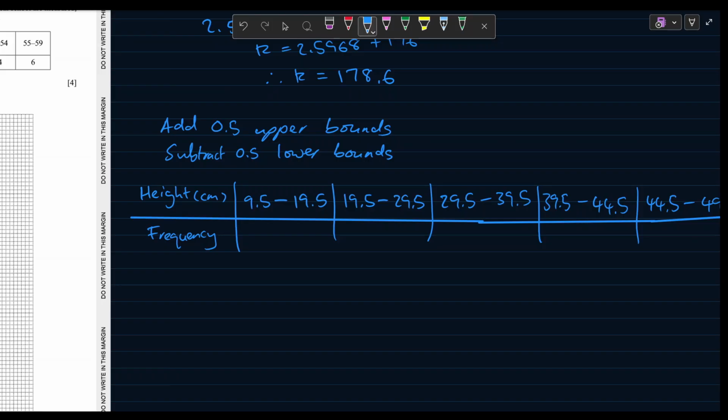The next thing that we would want to address is, instead of frequency, what we actually want is the cumulative frequency.